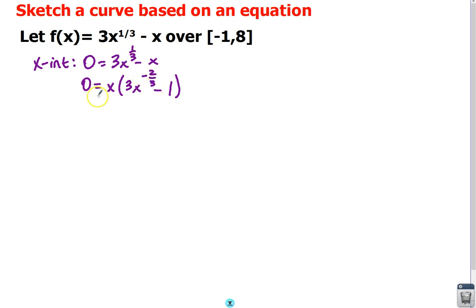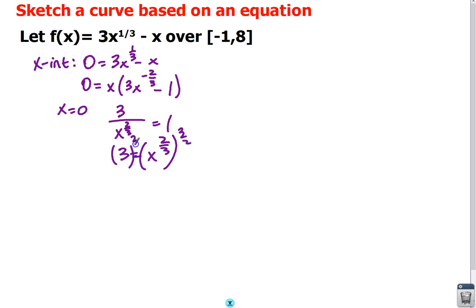So I already know x is equal to 0, but then I have 3 over x to the 2/3 equals 1, because you would set this whole thing equal to 0. So 3 equals x to the 2/3, so then raise that to the 3/2.